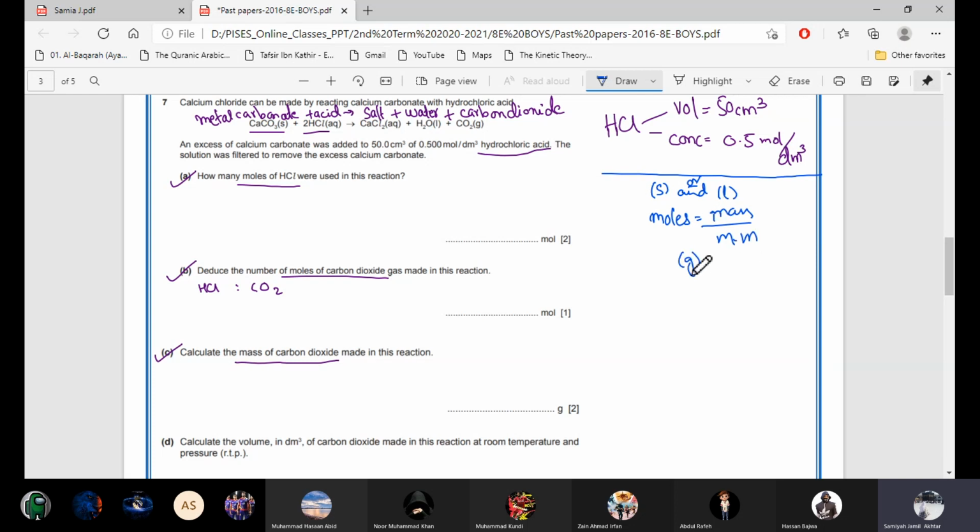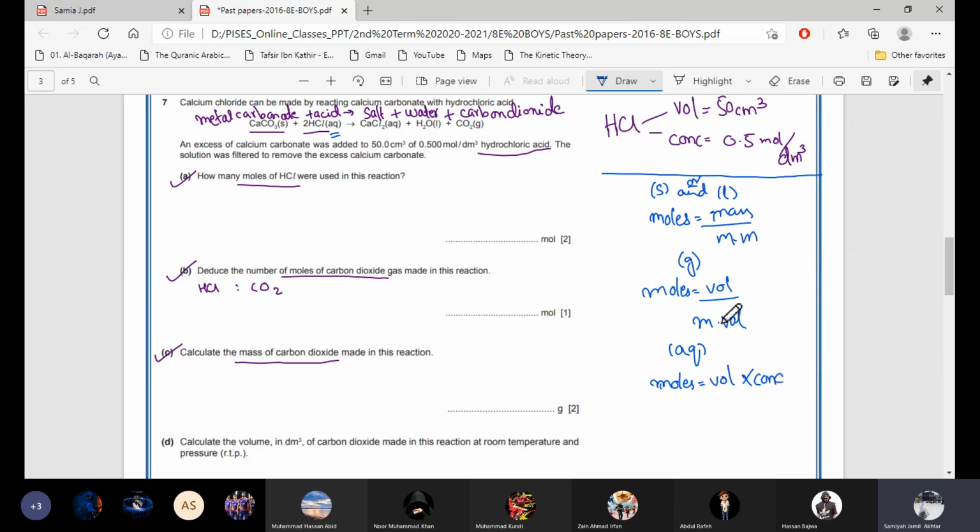If the substance is gas, then you will use the formula moles is equal to volume divided by molar volume, which is 24. Okay, so please keep this thing in mind. And if the substance is aqueous, like here in this question, you have to find out the moles of HCl, and HCl is aqueous, then you will use the formula moles is equal to volume multiplied by concentration.